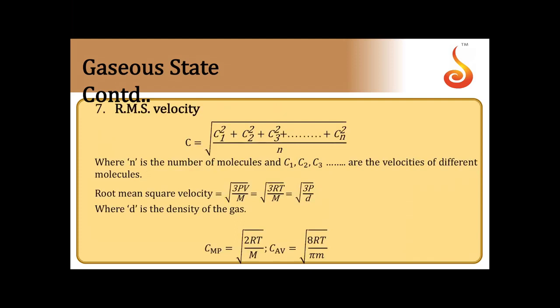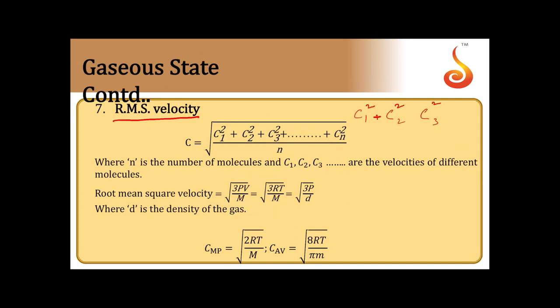Then come different types of molecular velocities. The first one is RMS velocity. RMS velocity means, suppose there are three molecules, say C1, C2 and C3, RMS velocity will be equal to this. We should square the velocities first and then take the average of the squares.